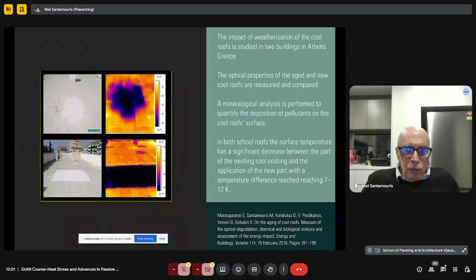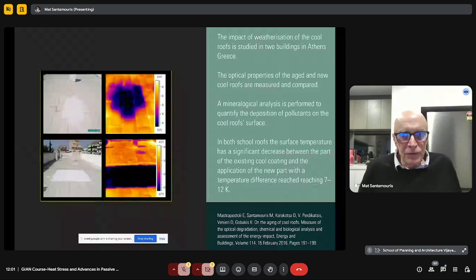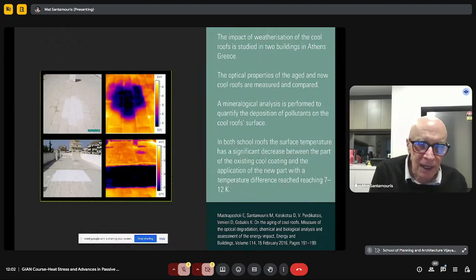However, cool roofs are not free of problems. Because of the aging and because of the deposition of dust and of other particles, cool roofs are losing their optical properties. We have a problem of weatherization or aging.